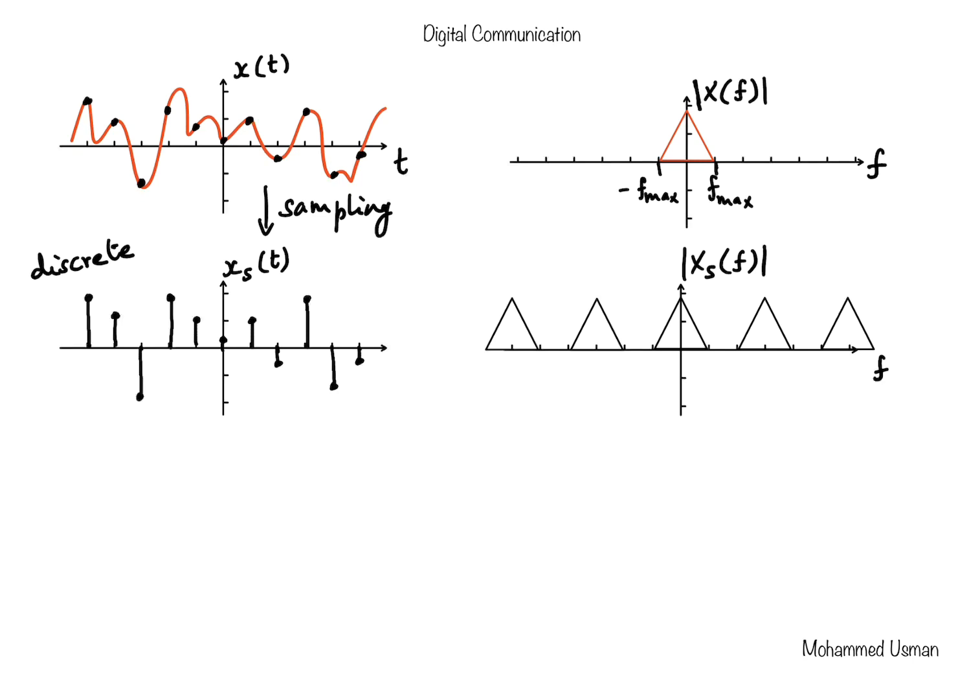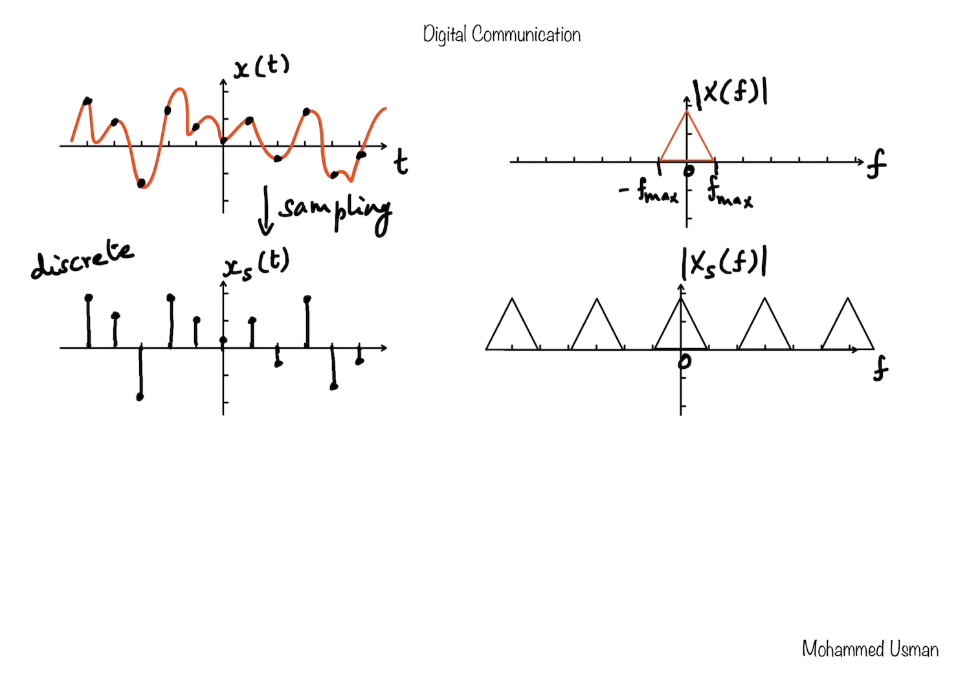The spectrum of the sampled signal would have a periodic repetition of the spectrum of the original signal. The original signal had this spectrum, and as a result of sampling, the spectrum becomes periodic, where the replicas occur at integer multiples of the sampling frequency. So there is a replica here at 0, because that is centered on 0, it's a baseband signal.